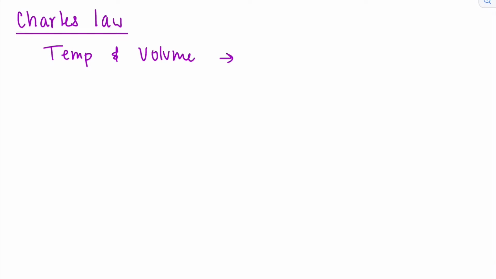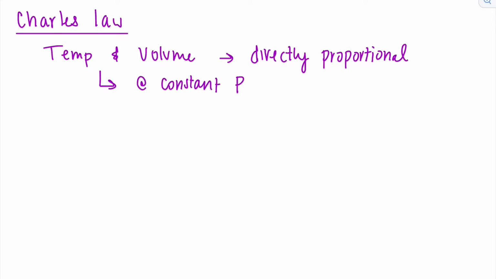Second gas law, Charles' law. Charles' law looks at the relationship between temperature and volume, and they are directly proportional. And this is at a constant pressure. So if you increase temperature, volume will increase. If you decrease temperature, volume will decrease.